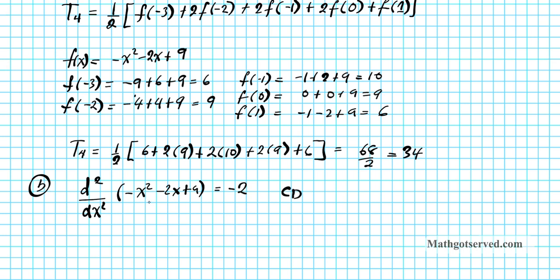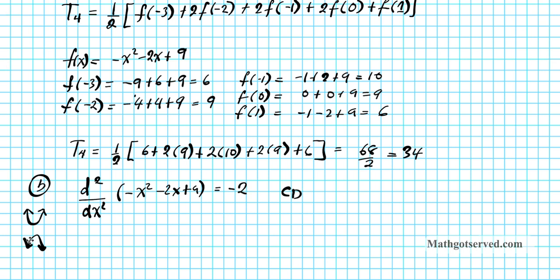You don't even have to use calculus to determine the concavity. If you see the negative here, you know that this is a parabola which opens up, but this minus means it's going to be reflected downwards, which opens down. Okay, so if our parabola opens down, where do you think our trapezoid is going to be located?